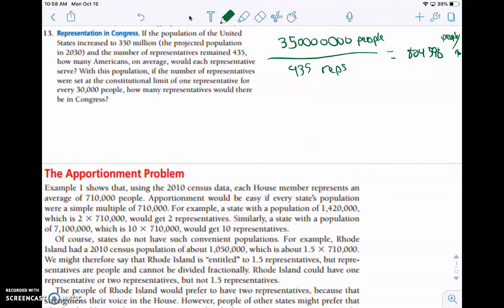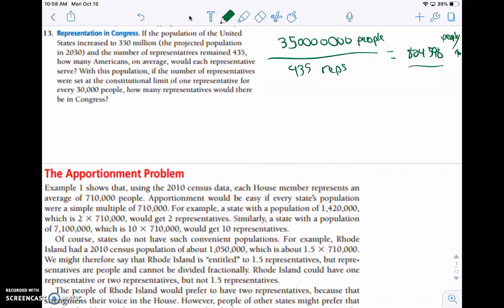So this is pretty far off from that minimum of 30,000. With this population, if the number of representatives were at the constitutional limit of 1 representative for every 30,000 people, how many representatives would there actually be?